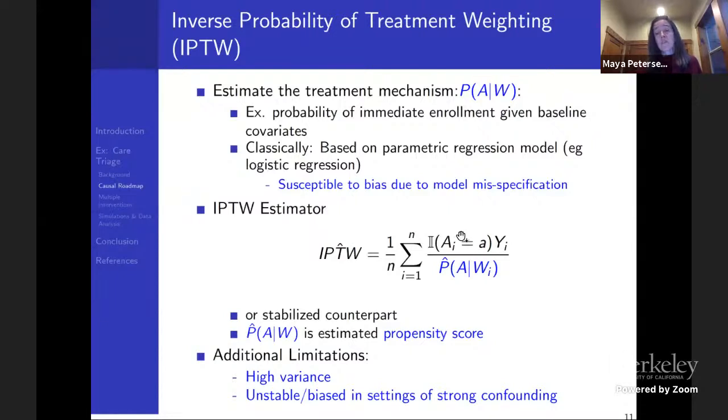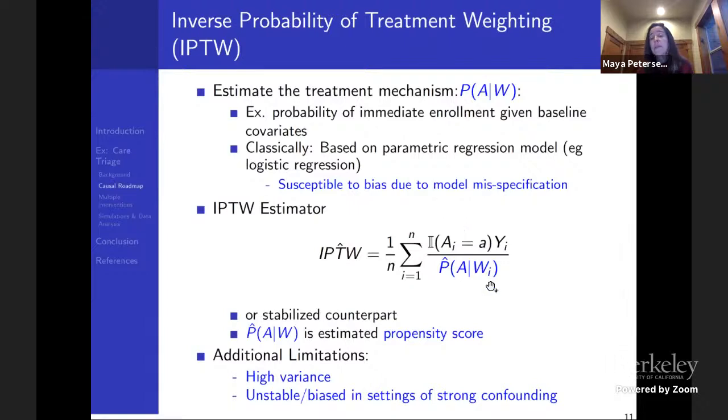The ones who did get the treatment level we're interested in get their observed outcome times a weight, where the weight is 1 over their predicted probability of getting that treatment given their covariates. The intuition for this is, if you have an unusual treatment level given your observed covariates, for example, in our example, if sicker people were less likely to enroll in the program, but you were sick and you enrolled in the program, you'd have a small predicted probability of getting what you got.